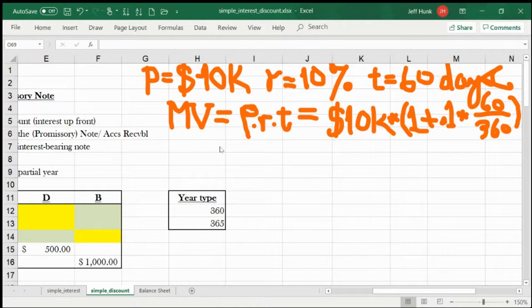Now, if everything goes well and the recipient of the promissory note, the seller, has no cash flow problem, there's no problem. They can hold it until maturity, and at maturity, they present it to the issuer and collect 110K.